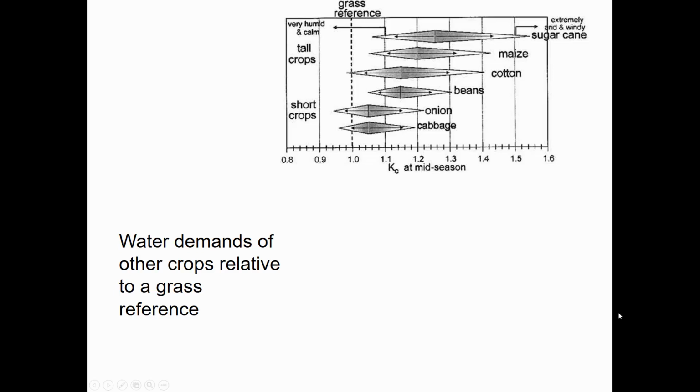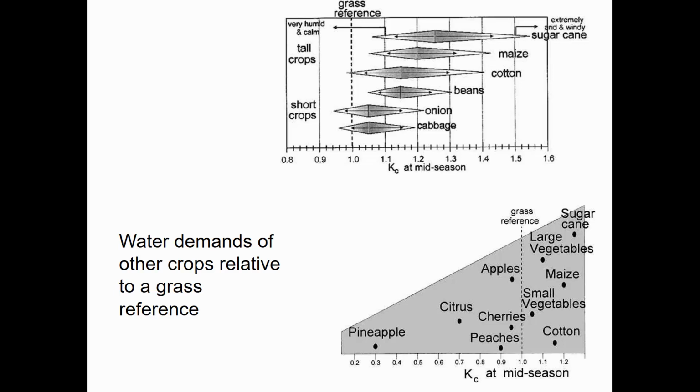What this figure shows is how, when you use grass as a reference, other types of crops usually use more, sometimes less water than a reference crop of grass. And so in the case of corn, maize in this figure, you may need 30%, 40% more water to satisfy the evapotranspiration.